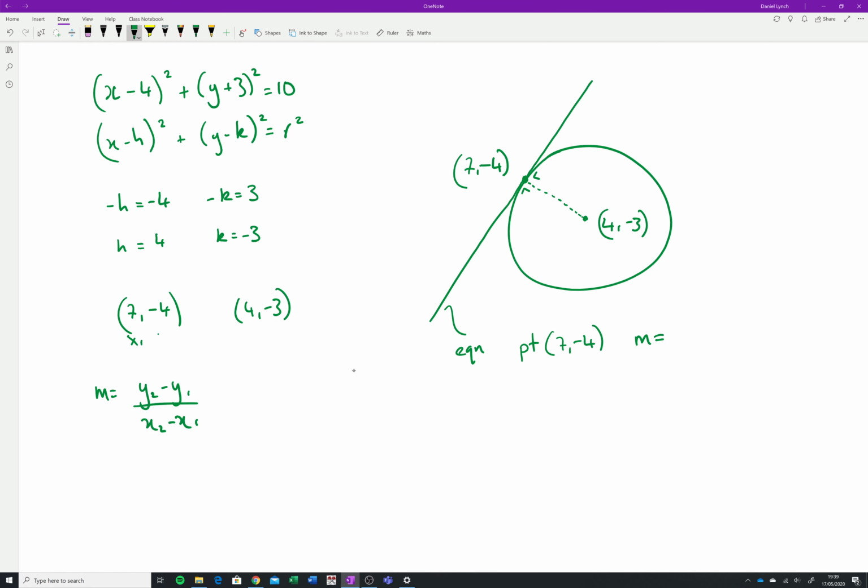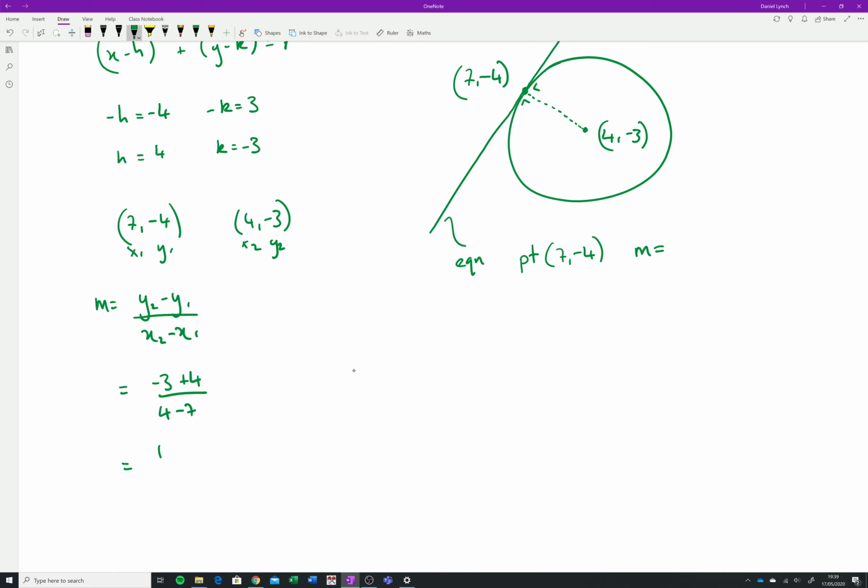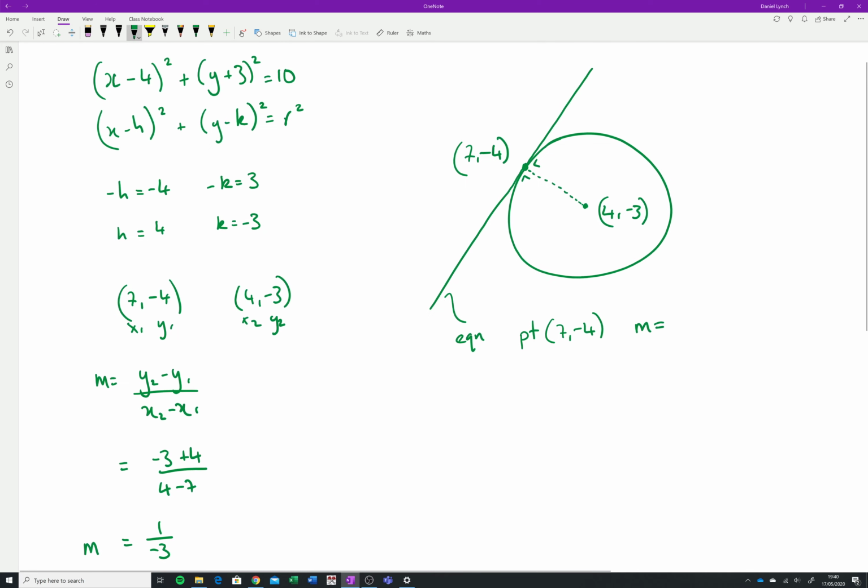There's a few ways of doing it. So y2 minus y1: minus 3 plus 4, watch out for the signs, over x2 minus x1, which is 4 minus 7. This is equal to 1 over minus 3. So your slope is minus a third.